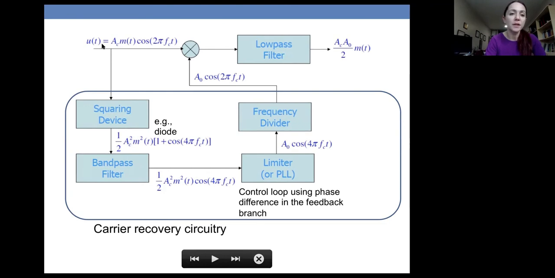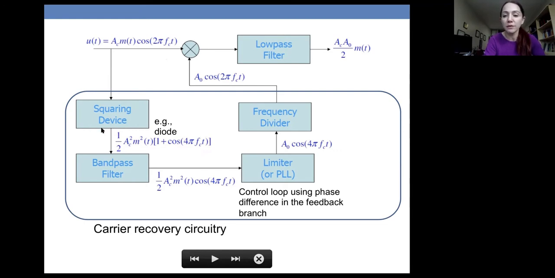So u(t), the modulated signal, comes in. Now, what do we want? We want to have a cos(2πf_c t) as input to this mixer. How do we generate that? We will generate it using the input signal.